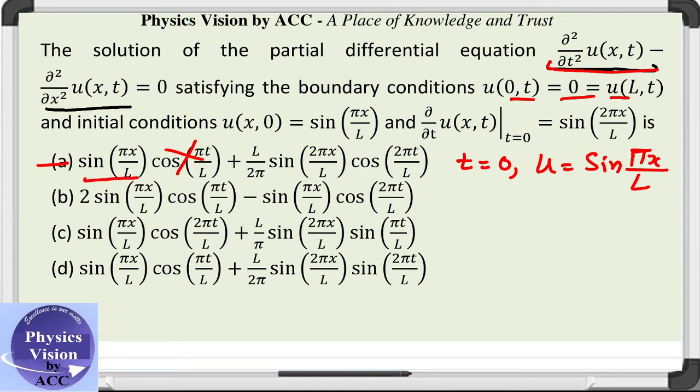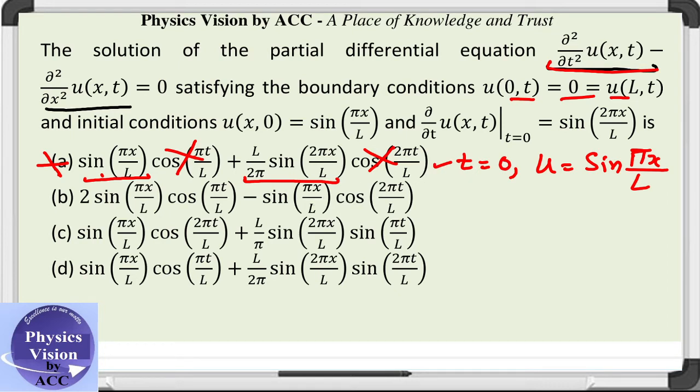So we are left with sin pi x by L, and this factor is also gone, so we are left with this factor. But this plus this is not equal to sin pi x by L. Therefore we can say option A is definitely wrong, you can cross verify this. The rest of the options satisfy this boundary condition. So one option is cancelled out.